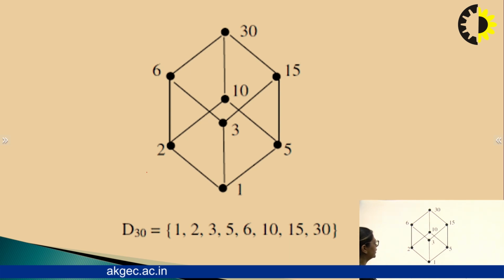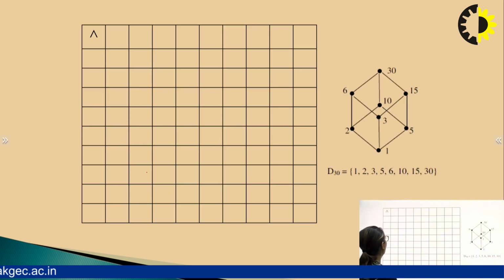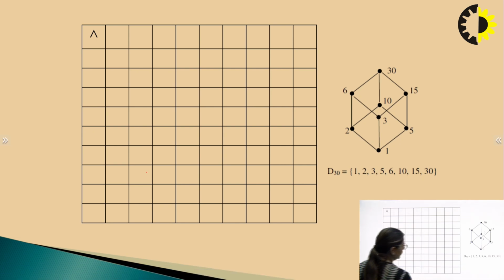Now let's check this figure, if it is a lattice or not. Let's draw the meet table. Meet table means we have to see the lowest part, which is the nearest part.